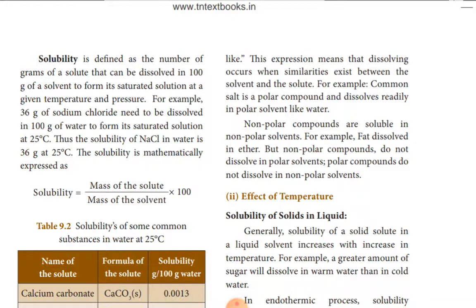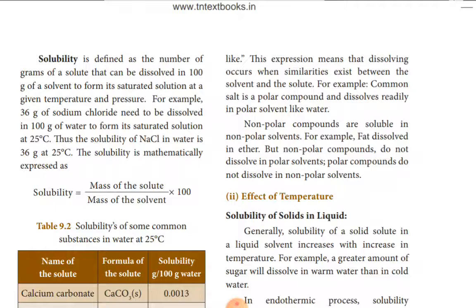So like dissolves like means substances having similarity, or similar polarity, can be dissolved in one another.